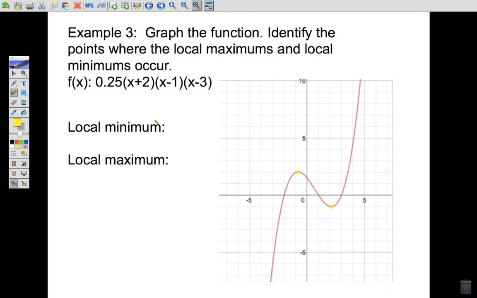Let's start with the minimum point. To access this calculate feature, it is the second function of the button that is to the left of your graph button. Hit second, hit that button, and you'll see all the different features that your calculator will calculate for you. Arrow down to minimum. Once you hit enter, you'll see your graph again, and you'll see a blinking cursor.